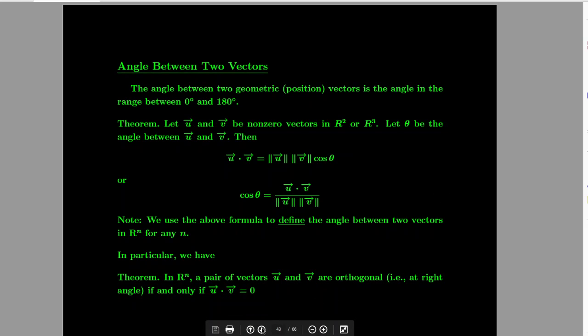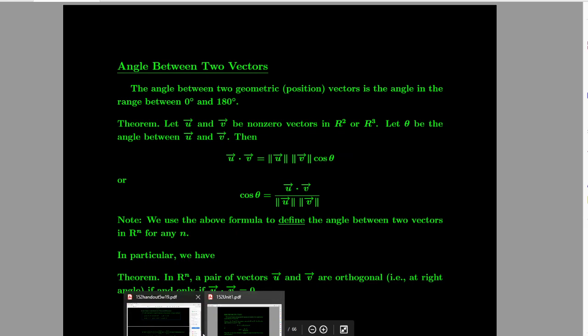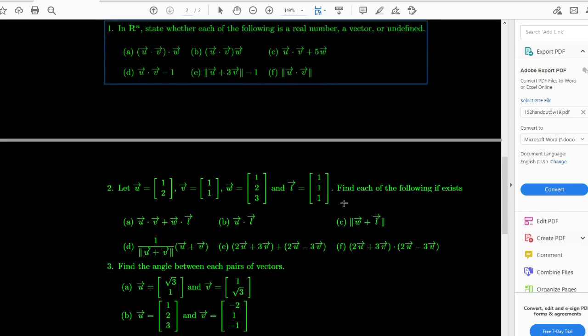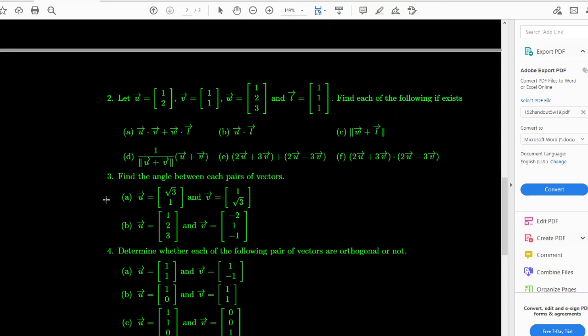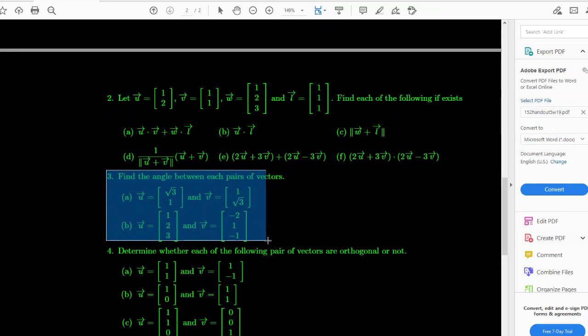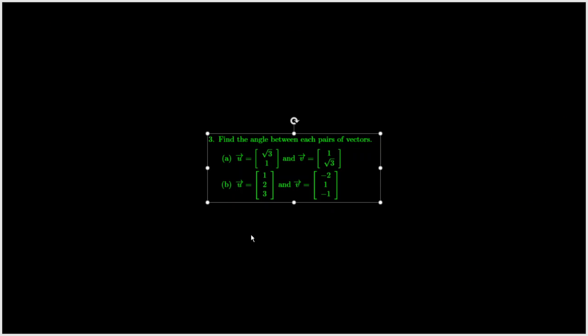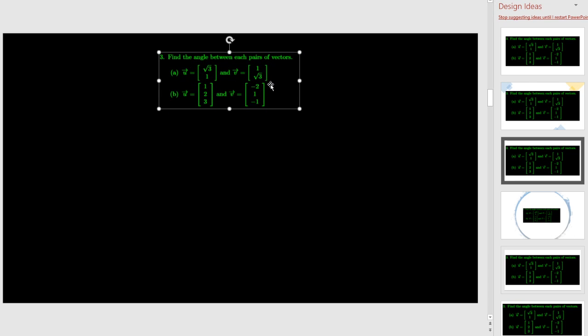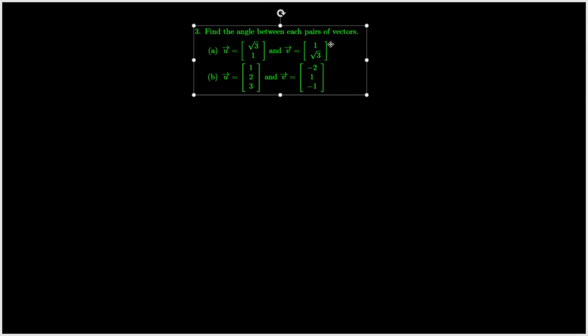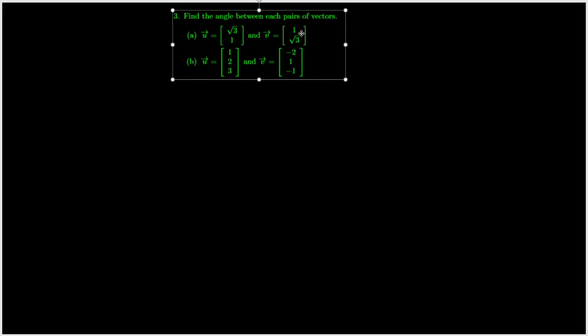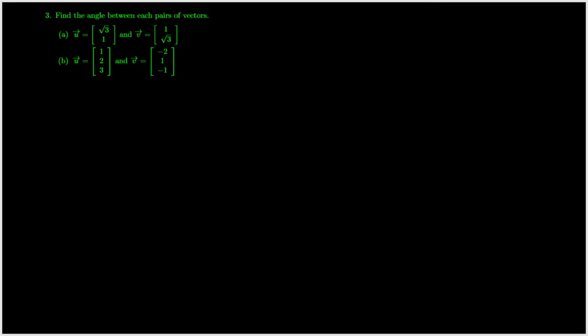Now we are going to use a few questions to illustrate how to compute the angle between vectors. Now let's work on question 3. In question 3, I'm asking you to compute the angle between two vectors.